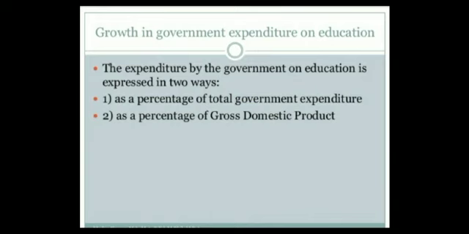During 1952 to 2014, it increased from 7.92 to 15.7. Second, as a percentage of gross domestic product, it expresses the proportion of income spent on development of education in the country. During 1952 to 2014, it increased from 0.64 to 4.13.